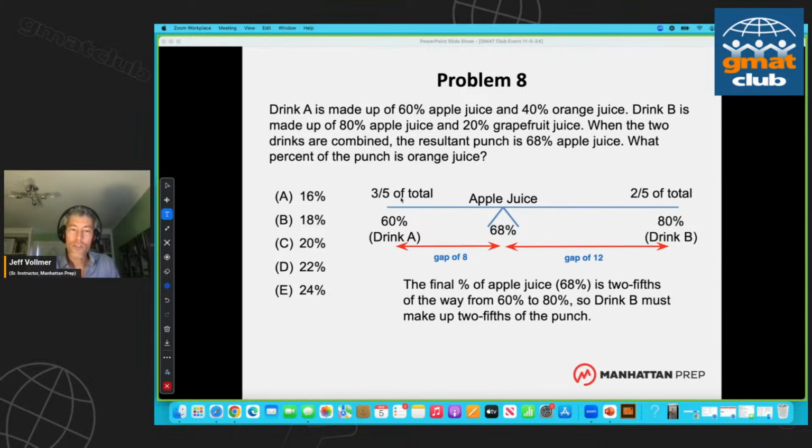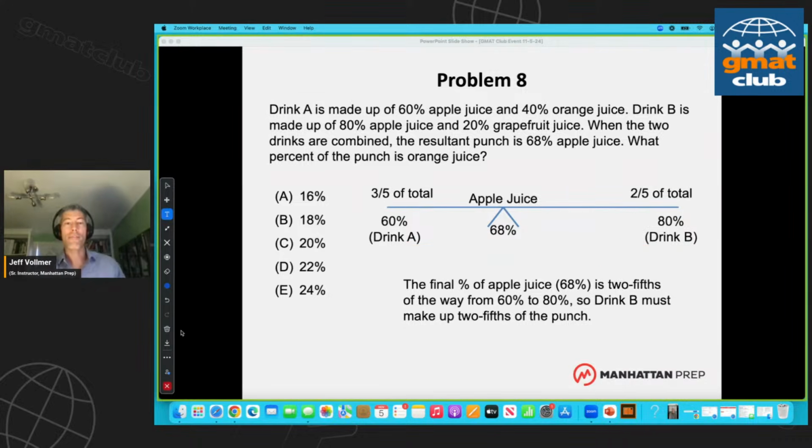So this should be in a 3-to-2 ratio, drink A to drink B, representing that it's 3/2 as far from drink B as it is from drink A. So you can see the 3-to-2 ratio of part to part, versus the fractions related to the entire punch.